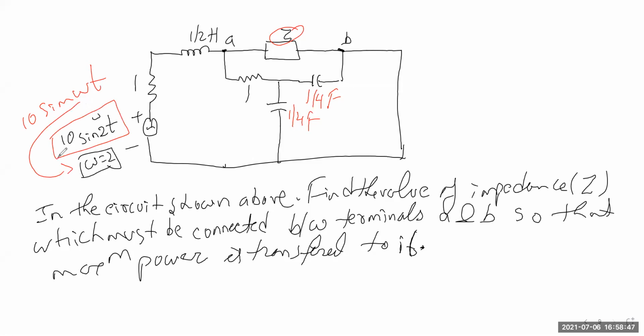Okay, now you have to find the value of Z. It will not take much time. You could easily find what you have to find. First of all, you have to find your XL and XC values.